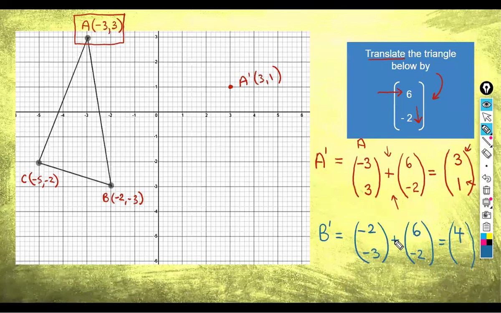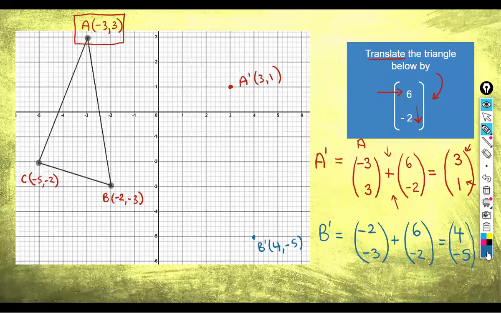Minus 3 plus minus 2, a plus and a minus is a minus. Minus 3 minus 2 is minus 5. So it looks like B has moved to 4 and goes all the way down to minus 5. B prime is 4, minus 5.